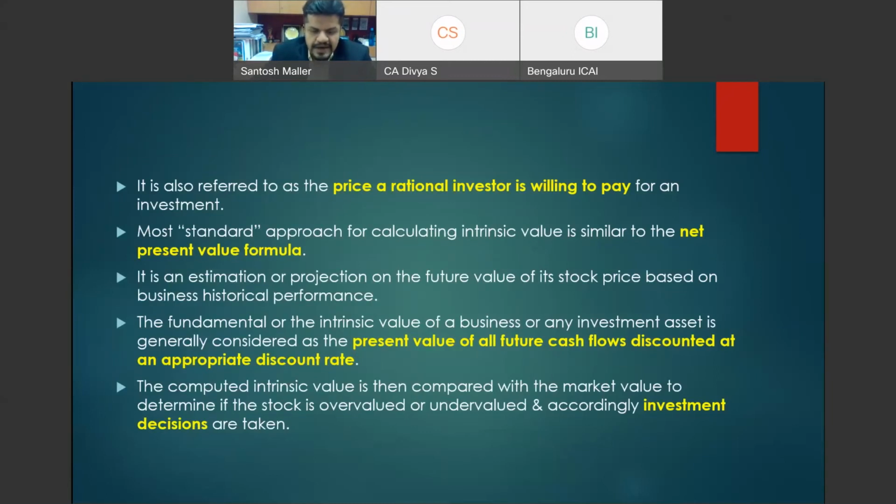The computed intrinsic value is then compared with the market value to determine if the stock is overvalued or undervalued, and accordingly investment decisions are taken.